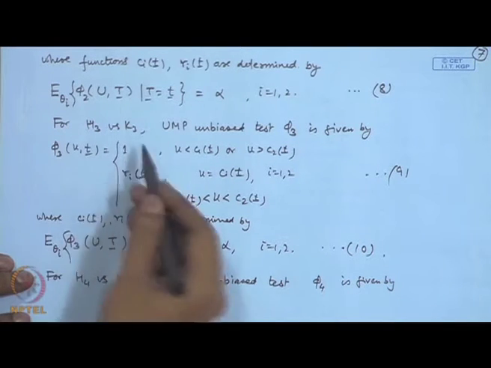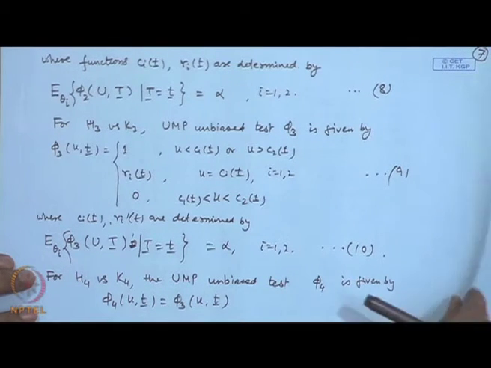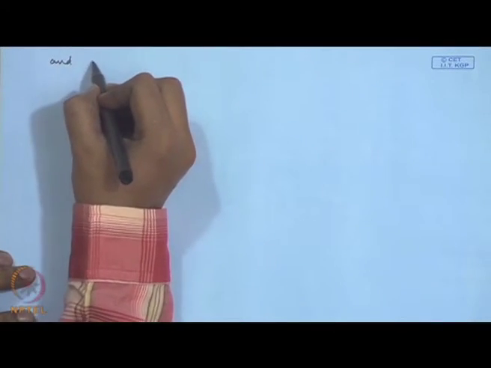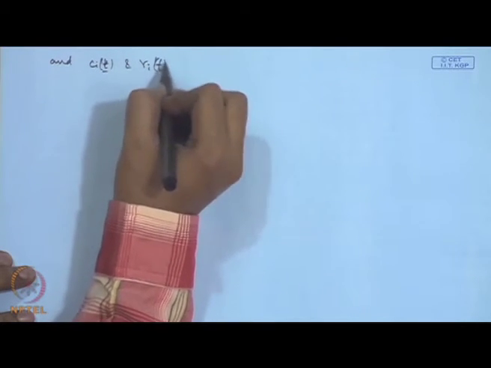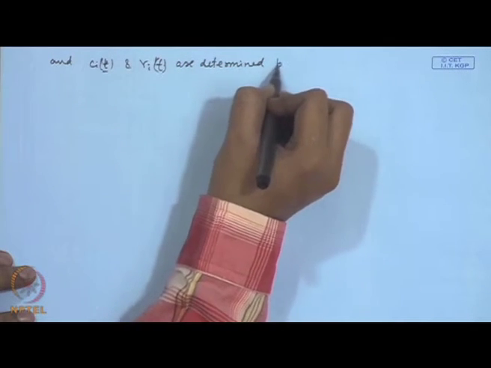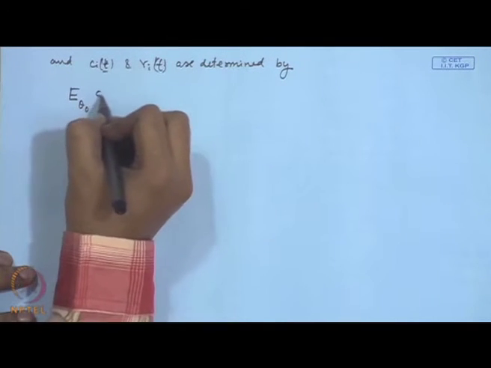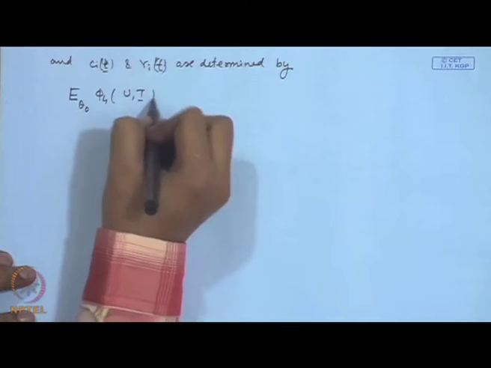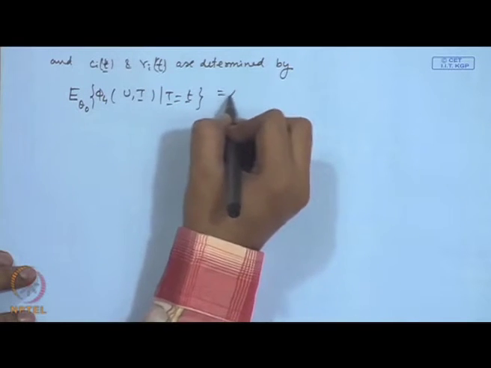Actually phi 4 will be the same as phi 3, and C i's and gamma i's are determined by expectation of theta naught phi 4 of (u, t), given T equal to t, it is equal to alpha.